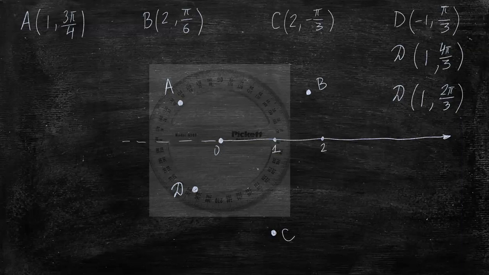So what we've done with point D, we can repeat with point A, B, and C. So let's spend a little bit of time discussing this behavior, or weird feature, of polar coordinates.